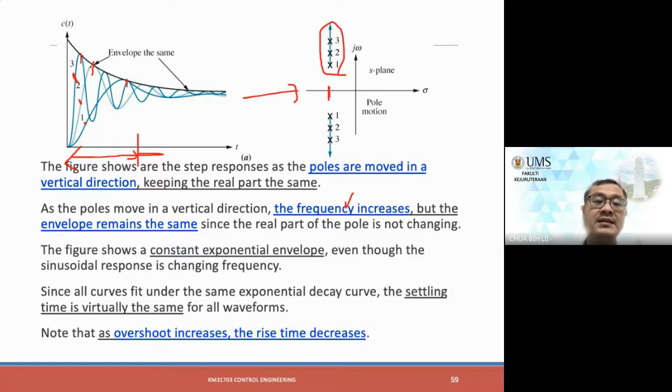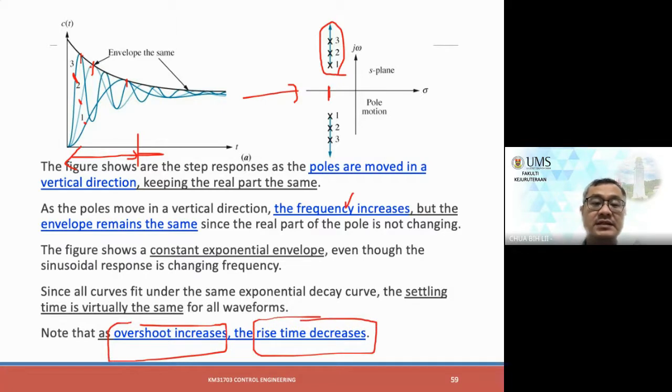But again, the envelope of this still remains, so it still has the same decaying exponential part, since the real part is still the same. So what we can say from this is that the frequency increases, therefore the overshoot also increases, and at the same time the rise time decreases.